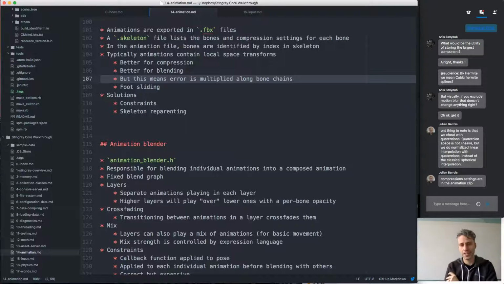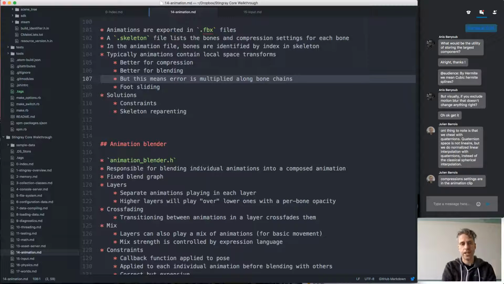When we do curve sampling and try to get things below a certain error tolerance, we don't really know how the error will be magnified, because we don't know what the character looks like, how long the bone chains are, and how much error we will get. So this leads to bigger errors in the extremities than we might expect.